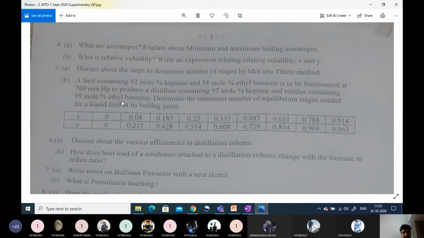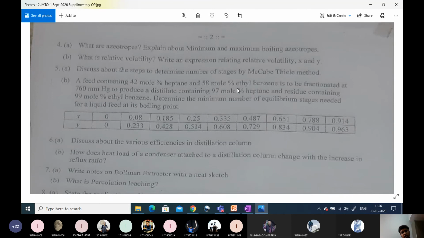Then the residue containing 99 mole percentage ethyl benzene. Ethyl benzene is going to the bottom, the residue, whereas in the distillate the more volatile heptane goes. So 97 percentage heptane will be in the distillate, so 0.97 is the XD composition, and the remaining, 99 percentage ethyl benzene means 1 percentage is heptane.